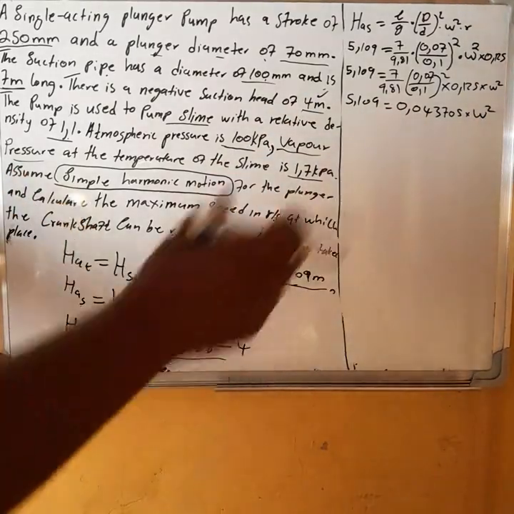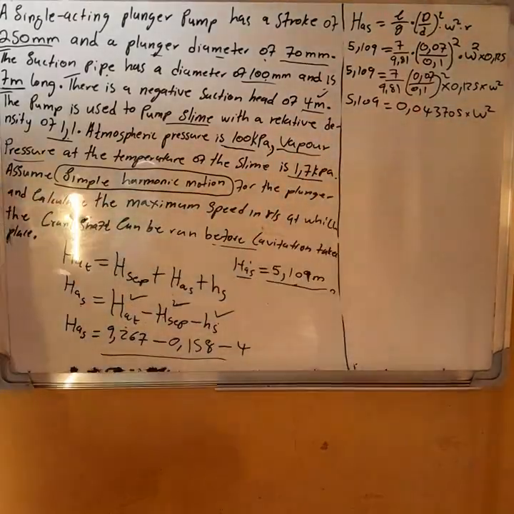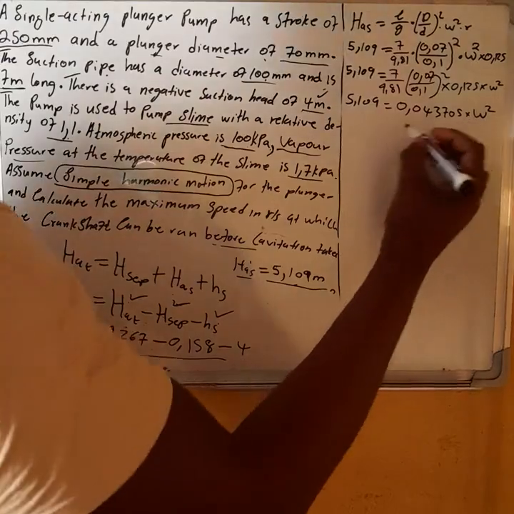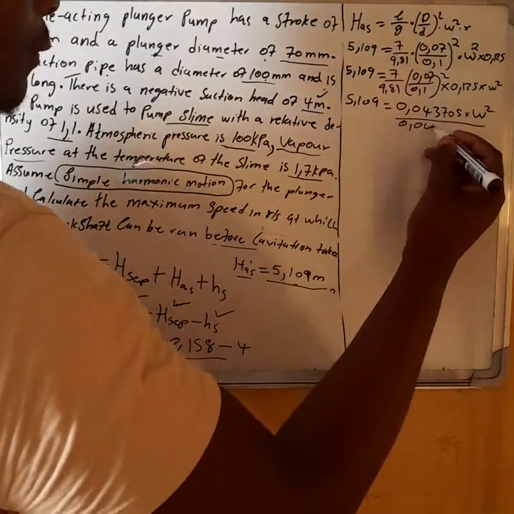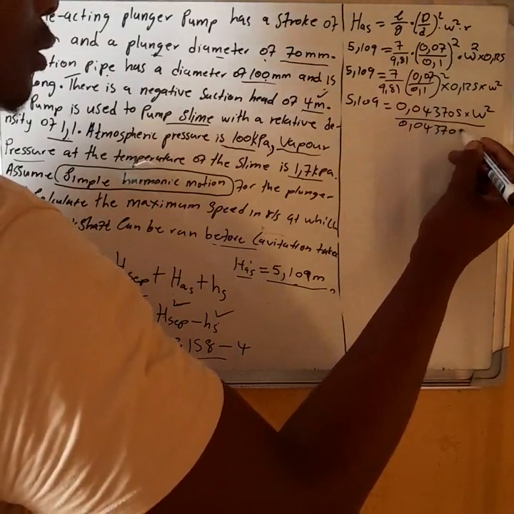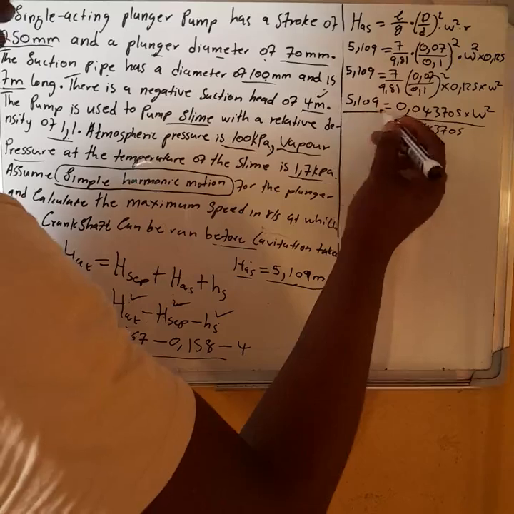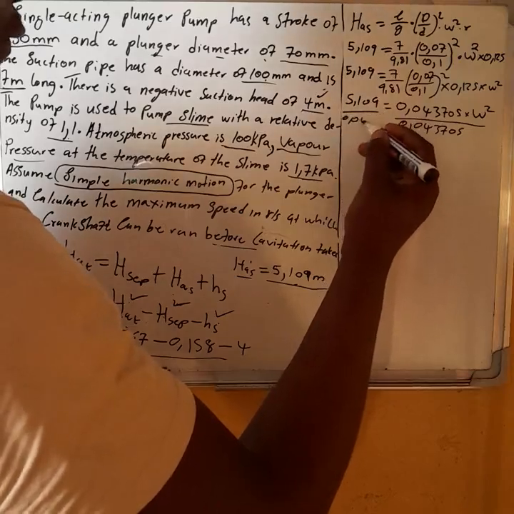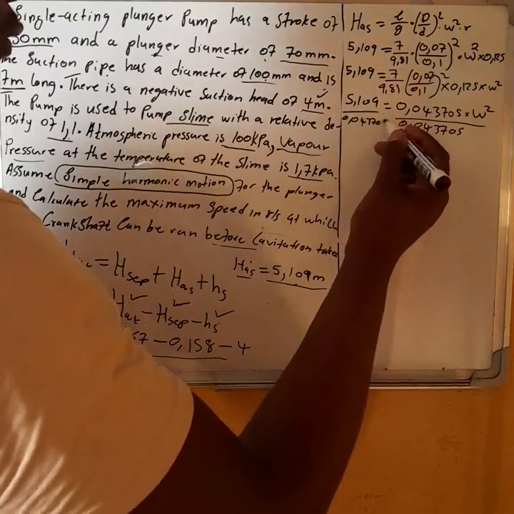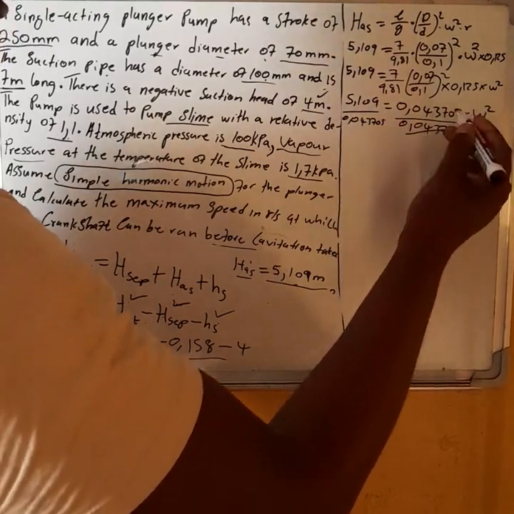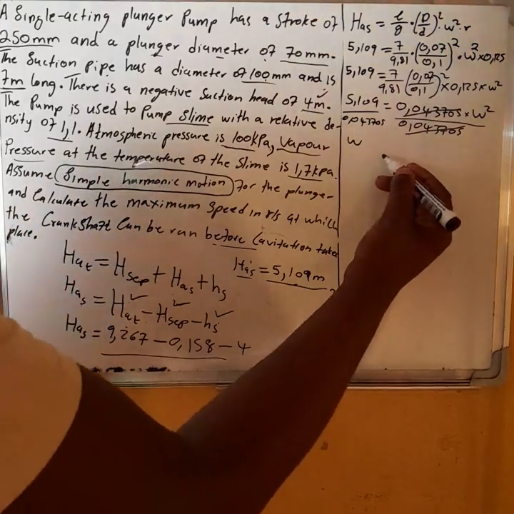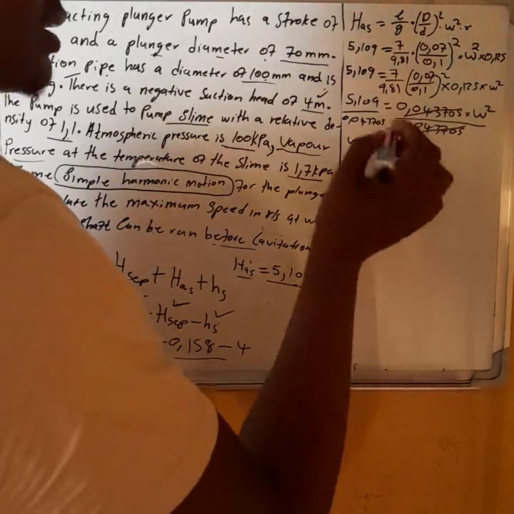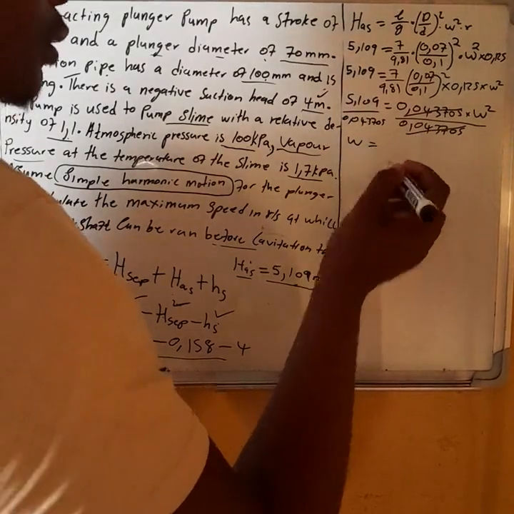I only take this to decimals because it's not the final answer. Then I divide 5.109 by 0.043705. This and this will cancel, and we have omega squared.